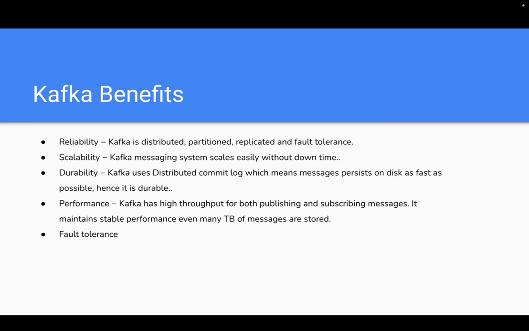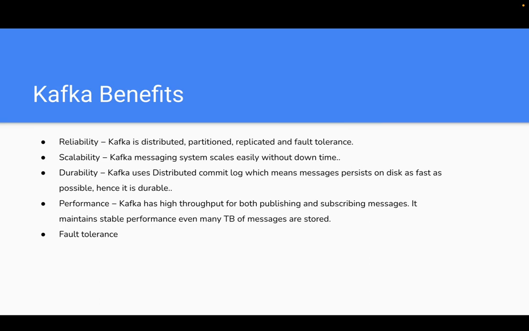But if you are using only one, not a distributed system, then there is a chance that your data will be lost. A queue can also store data for a few days, and later if your consumer or your service is down, once the service is up, you can still consume that data.